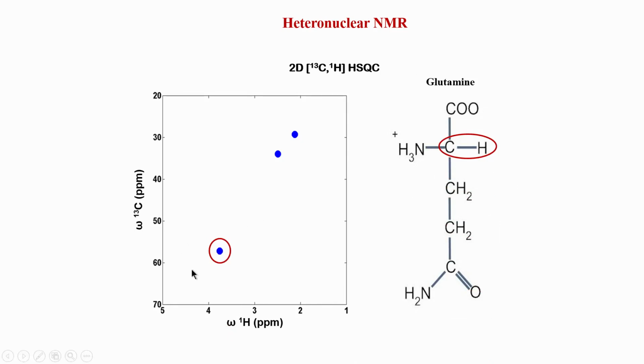The first peak which is here is downfield, close to 60 because of the de-shielding from these groups. We are detecting these pairs, carbon on this axis and proton on this axis. So, this pair comes around at 60 ppm.